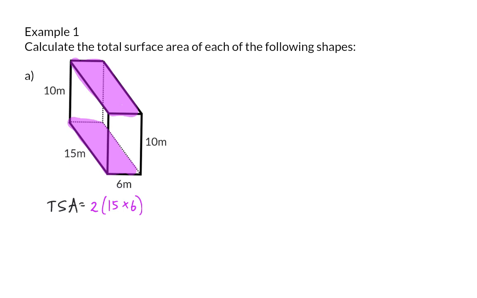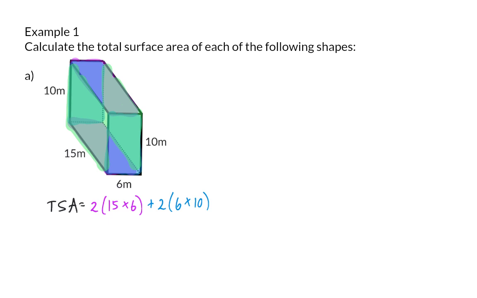So my area will be 2 of the 15 by 6 rectangles. Next up, we have a rectangle in the front, which is a 6 by 10 rectangle, and again this one is repeated at the back. So next up, I'm going to add 2 of the 6 by 10 rectangles. And finally, on the left, we have a 10 by 15 rectangle, which is repeated on the right.